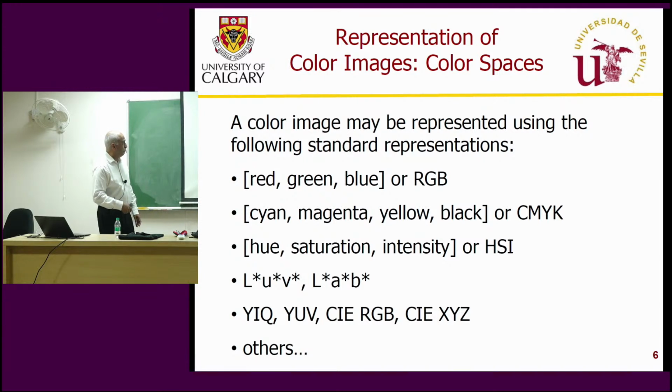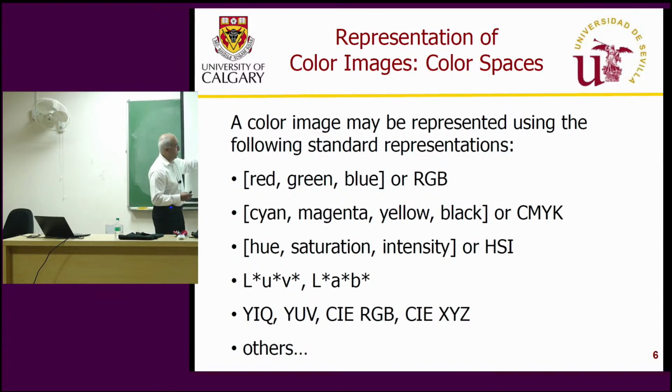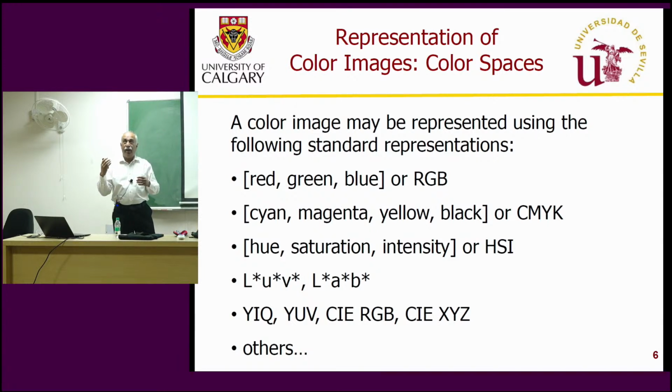CIE is the French name for the International Commission for Light, and some committees have come up with standardized representations to improve the representation of color and bring certain measures of color closer to human visual perception, such that some attributes and distance measures computed in these domains match or agree with human visual perception. RGB may not agree with human perception when you compute measures and differences.